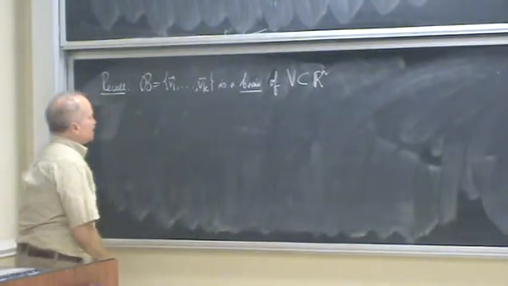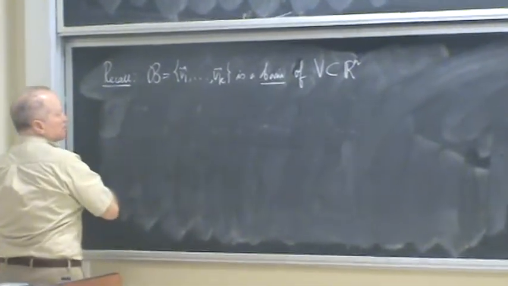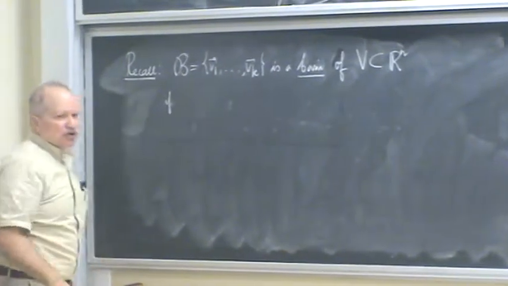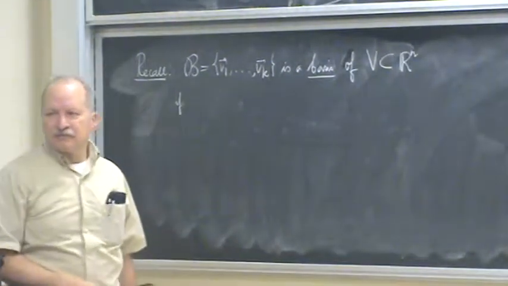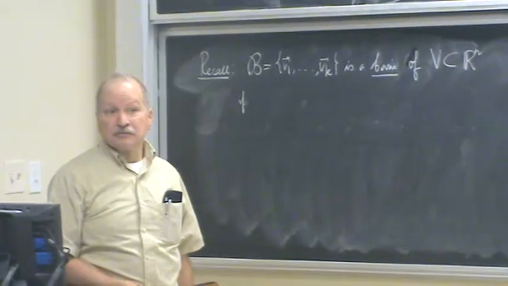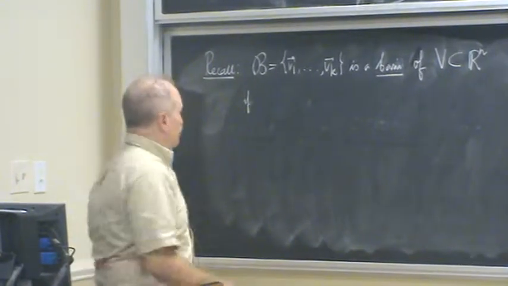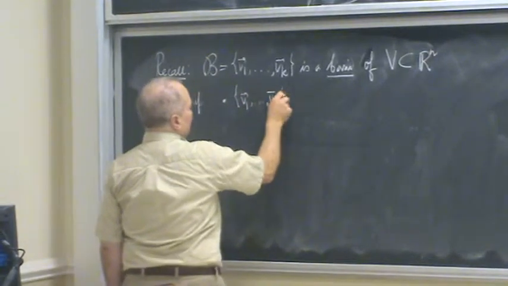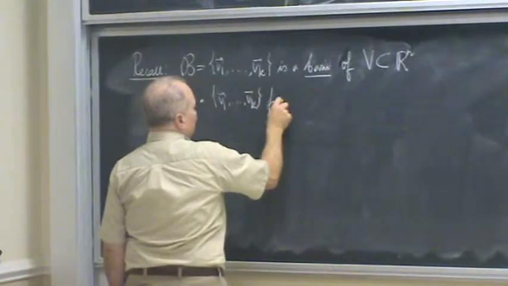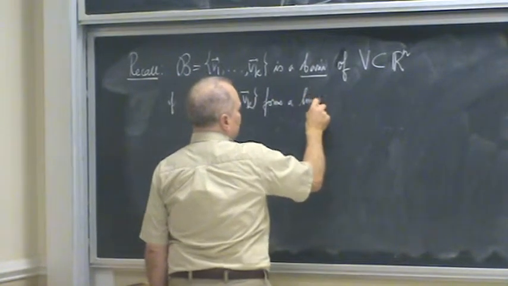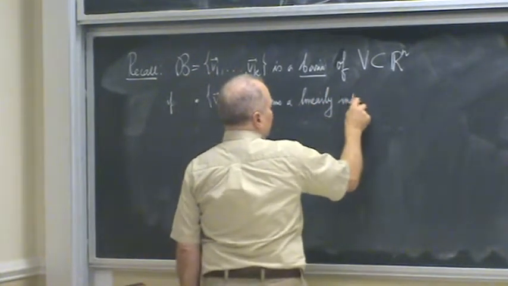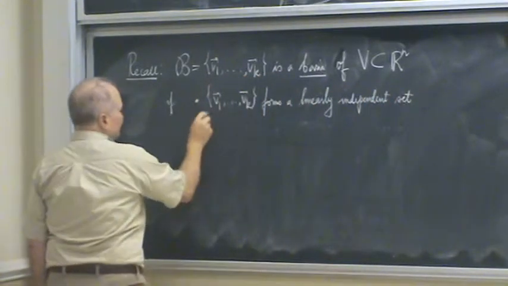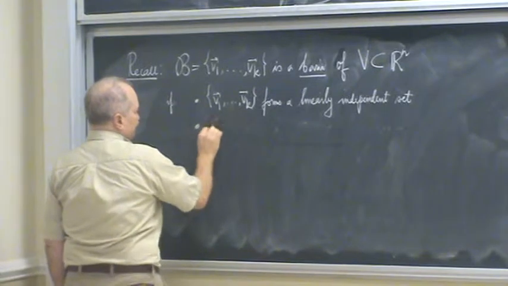So if you have a subspace, a set of vectors forms a basis of it or for it if which two criteria hold? The basis is linearly independent and spans. And they span.